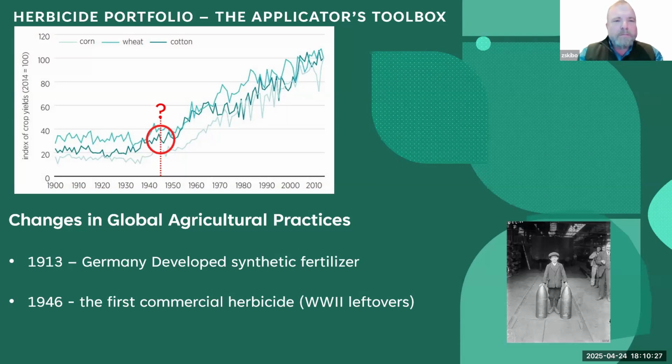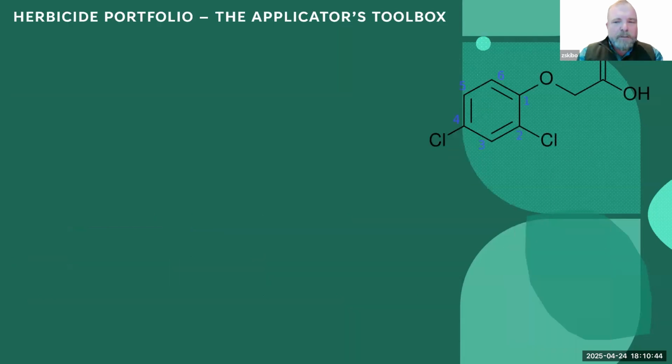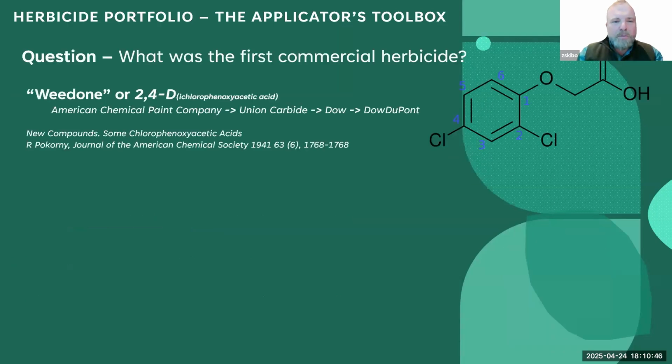We had the first commercial production herbicide, and that was 2,4-D. But 2,4-D actually came from the military. So after World War II, we had an ocean of 2,4-D left over, which was used as a defoliant in World War II. Post World War II, we had all these stocks left over, and this is what it became.